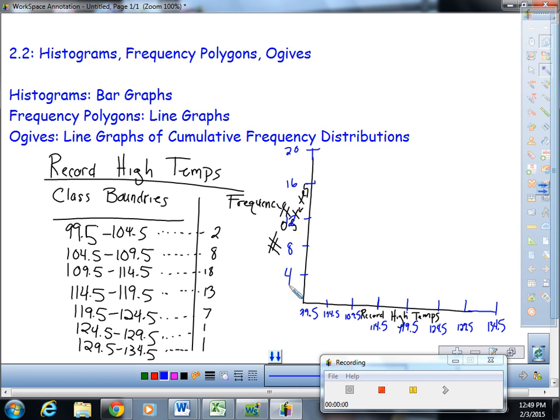All right, so we have had 2 states that were in this range. I'll stagger my colors so they don't overlap. And then we have had 8 states that have been in that range as their highest temperature ever recorded. And we bump all the way up to 18.